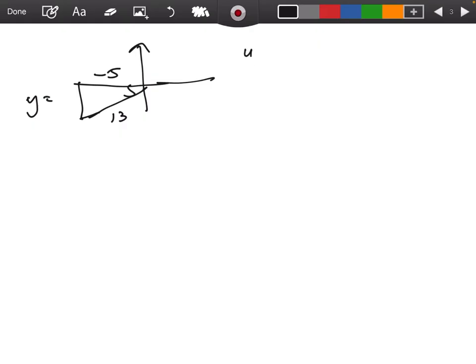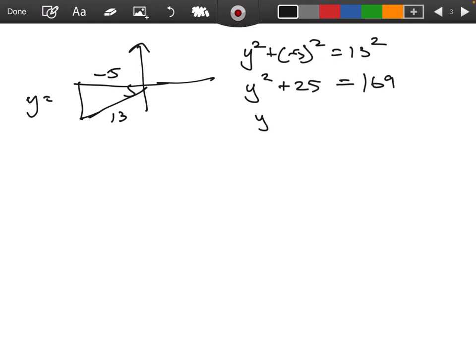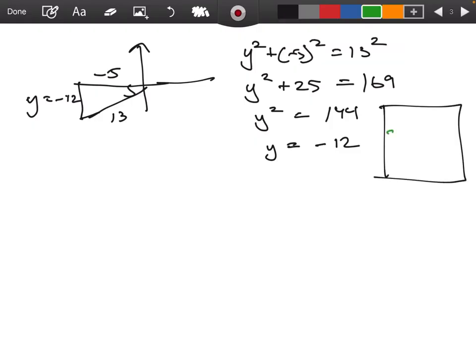Let's say y squared plus negative 5 squared equals 13 squared. So that's 25, that's 169. If we subtract 25 on both sides, we get 144. We take the square root, and because we are in quadrant 3, this is going to be a negative 12. So the sine of s is going to be negative 12 over 13.